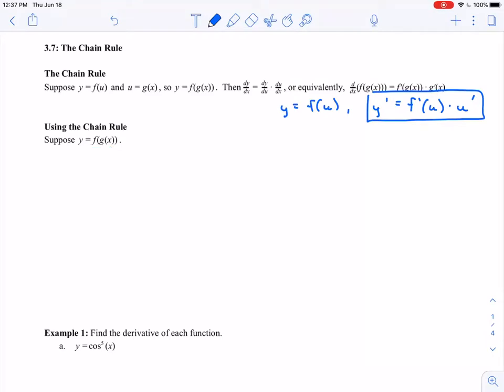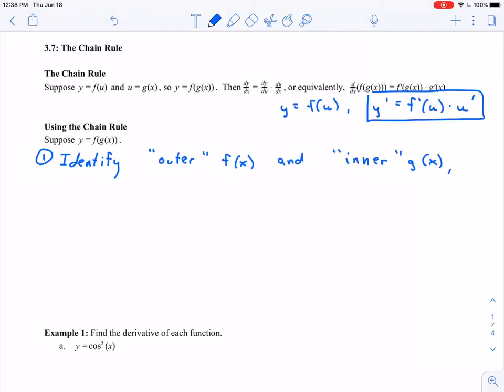So if we're working with y equals f of g of x, so we have some composite function that we're working with here, the first thing that we need to do is identify an outer function, an outer f of x, and an inner function, g of x. Sometimes I'll call these an outside function and an inside function. So you want to identify an outside function f of x and an inner function g of x.